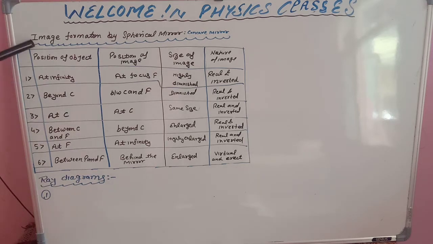So highly we are not using, we are using the word simply diminished. Third point is position of object is at C. If position of object is at C, the position of image will also be at C. Means if your object is placed at the center of curvature, your image will also be formed at the same place.